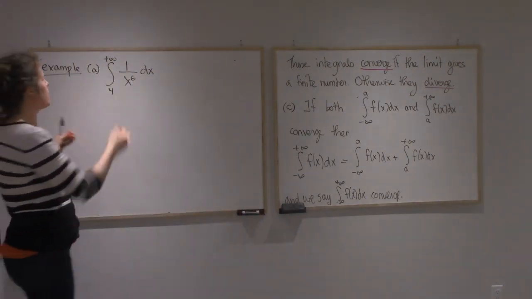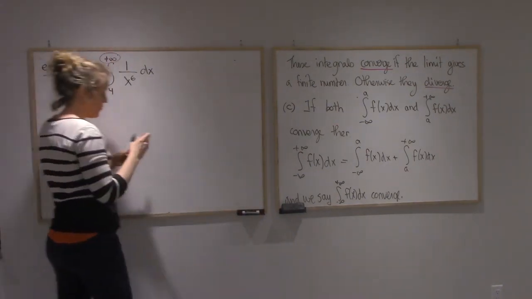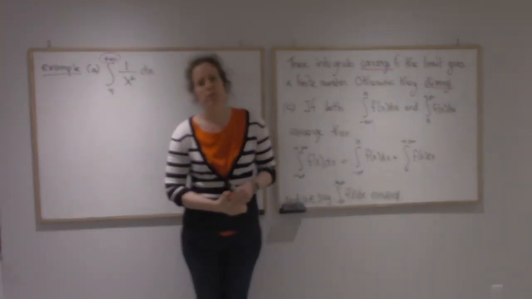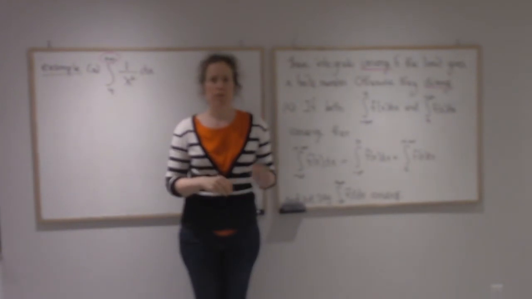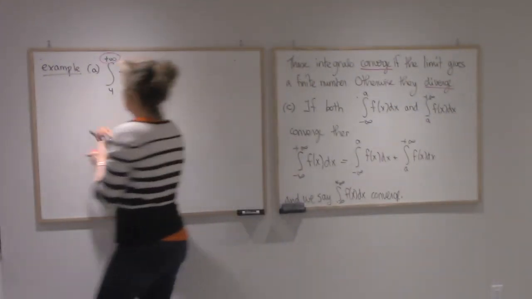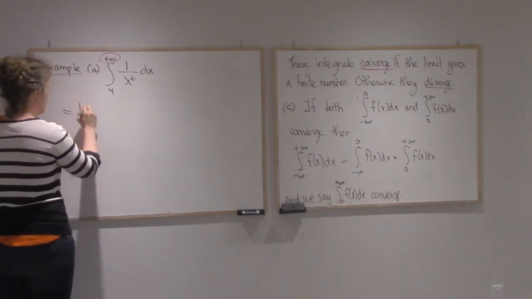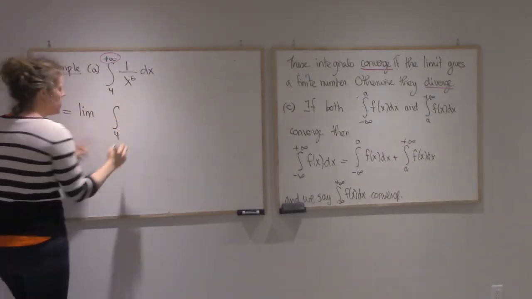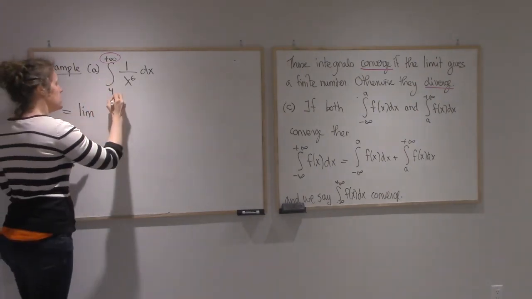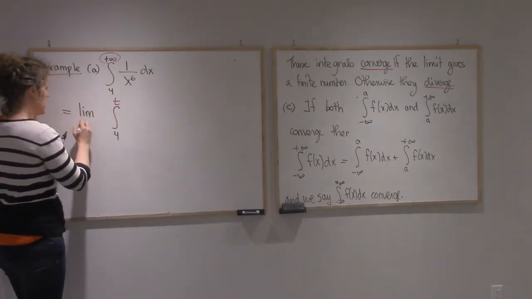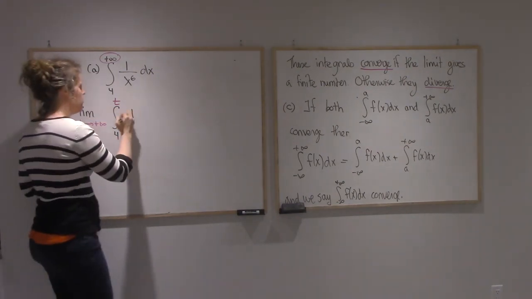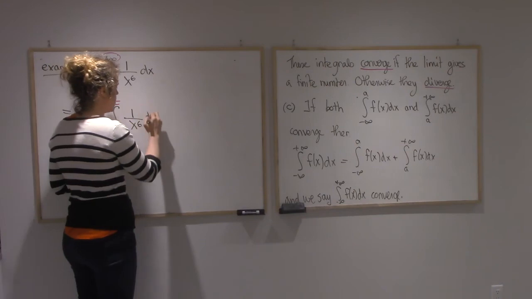This is an improper integral because I have infinity here. It's not a definite integral. You cannot apply FTC to it. We need to use this type of definition with limits. The 4 doesn't give us a problem, but the plus infinity does. So I'm going to replace that by t, and then say t goes to positive infinity, of the integral from 4 to t of 1 over x to the 6 dx.